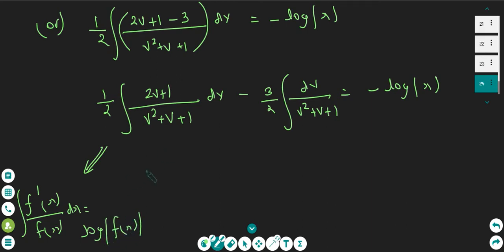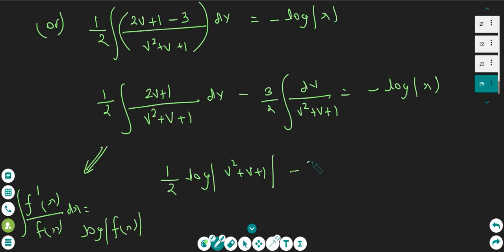So therefore this side will become half of log mod. You can do t substitution also, but that is not required. Since we already know this formula, log of mod of v squared plus v plus 1. Done. The first one is done.